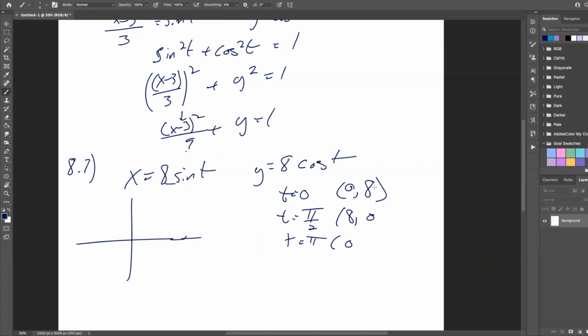This is sine, this is cosine. So here, 8, 0. Here, this is 0, minus 8. And then t at like 3 pi over 2, minus 8, 0. I'm just plugging in some values, and the reason I plug in some values is because it makes sense what to do.